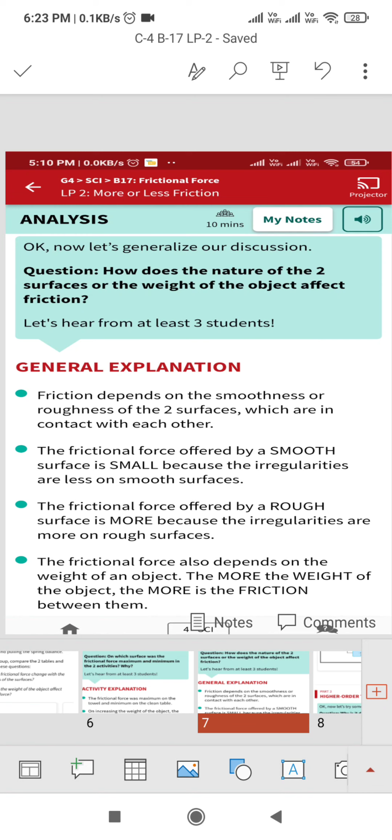If the surface is rough, then friction is more, meaning the object is not able to move in a proper way. Secondly, frictional force also depends upon the weight of the object. The more the weight, the more the friction, and it will not be able to move easily.